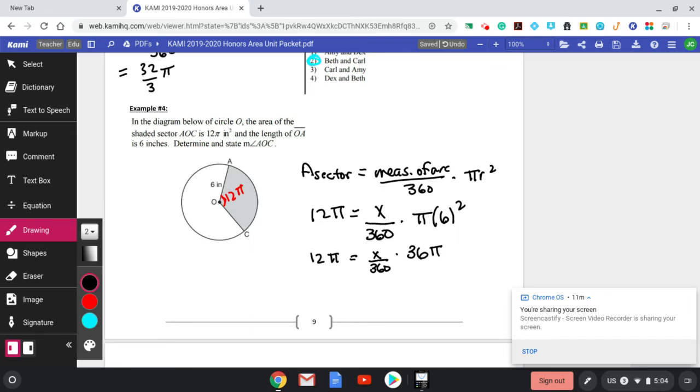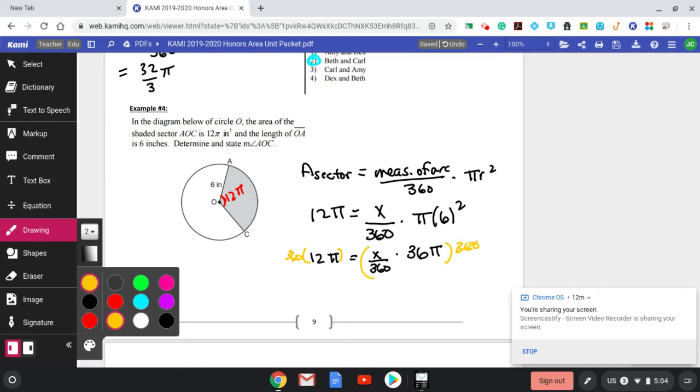Now we have a lot of options. How about we get rid of that 360 in the denominator? So I'll multiply both sides by 360. They'll cancel out, and I'll be left with 360 times 12.